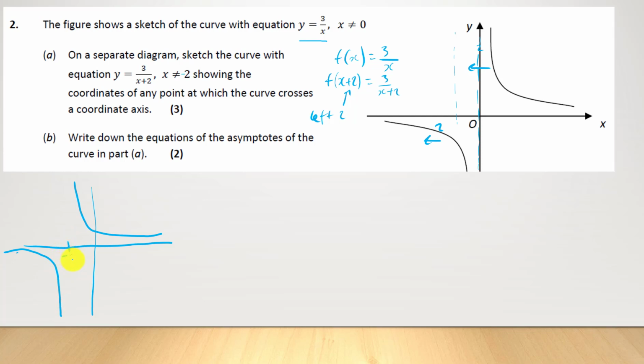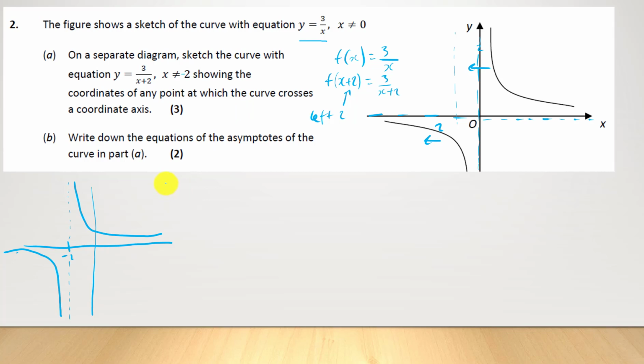where minus 2 would be here. That's one asymptote. And you'll still have y equals 0 as an asymptote because it's moving left. So that will still be the asymptote, and that would be perfect. But it says showing the coordinates of any point at which the curve crosses the coordinate axes.